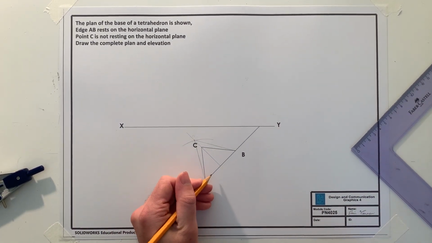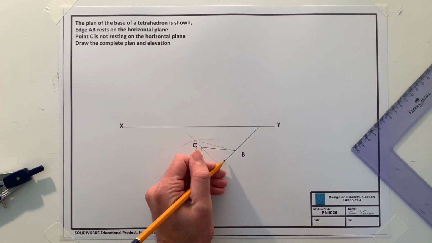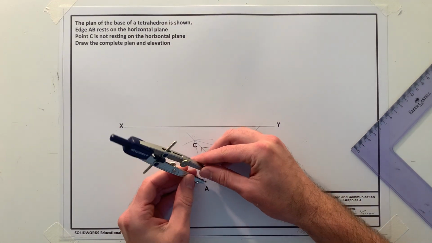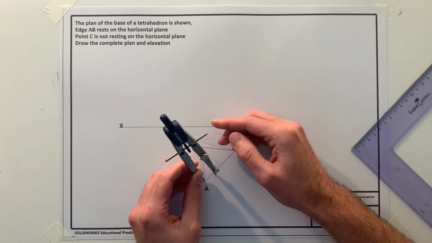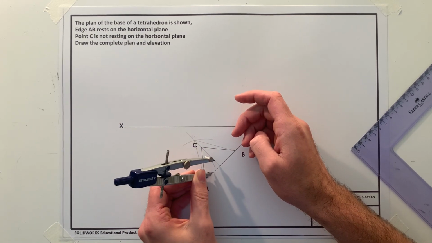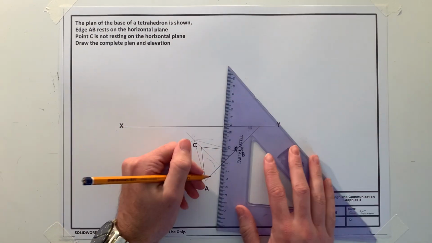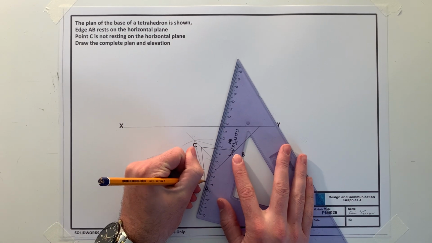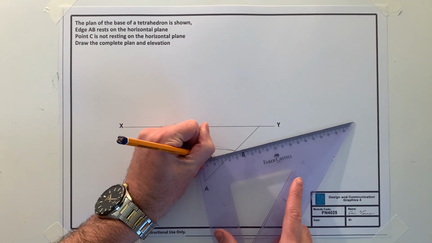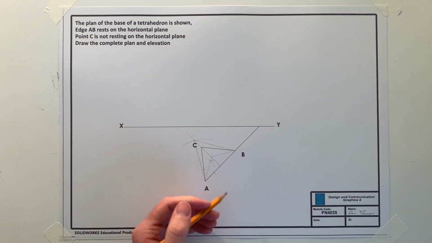Now actually I only need to do one of these, because where it intersects this line here will be the same point as if I bisect this one as well. Like so. Spin my line through this point now, drop it back here like so, and this is basically my tetrahedron.